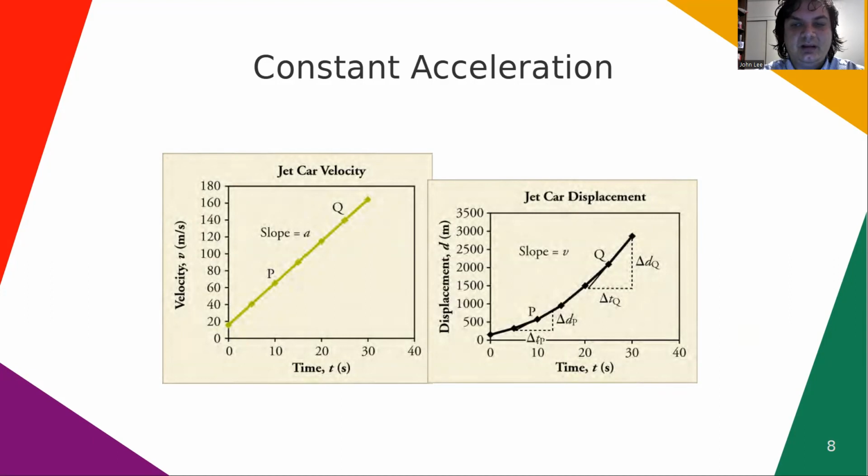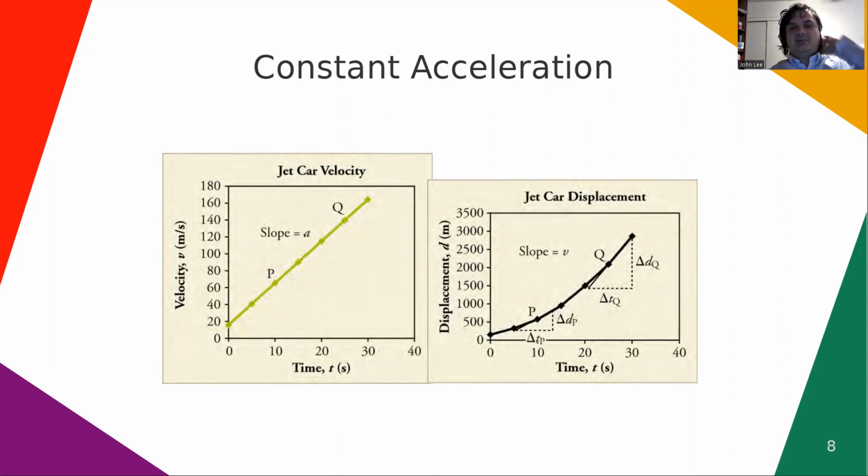As you find the slope at those points, taking the change in distance from 30 seconds minus 20 seconds over 30 seconds minus 20 seconds is going to be higher than the change in distance as you take, say, it looks like about 15 seconds minus 5 seconds.